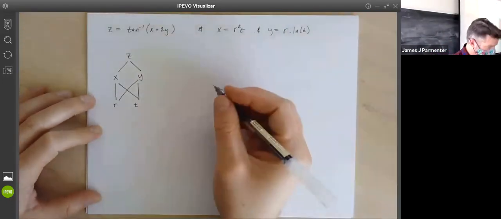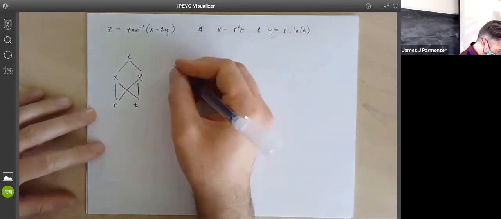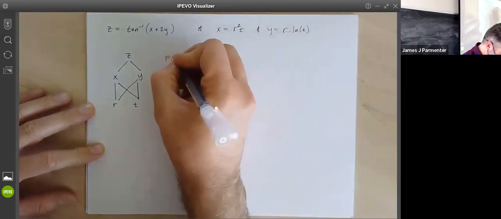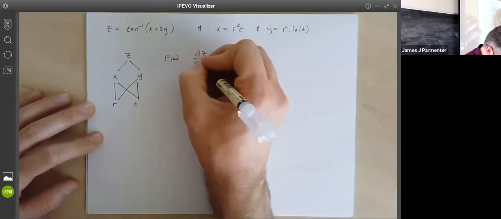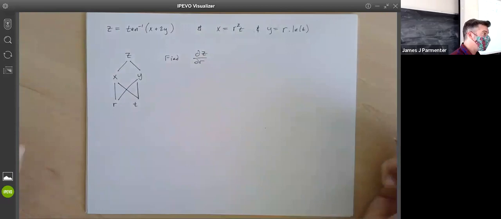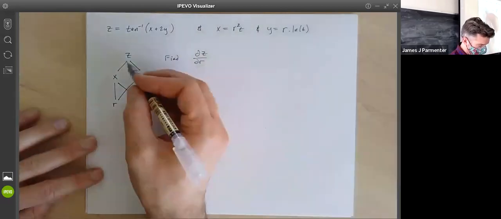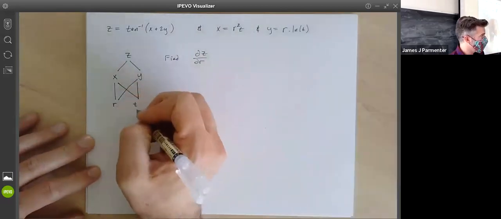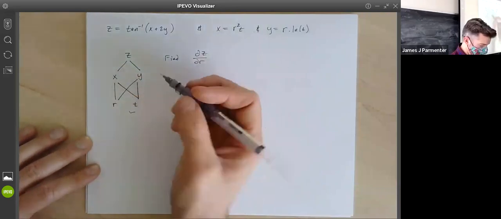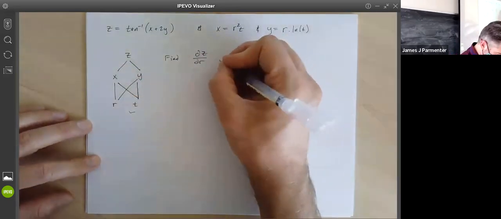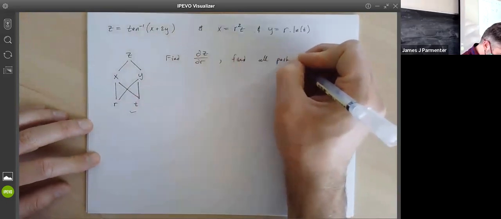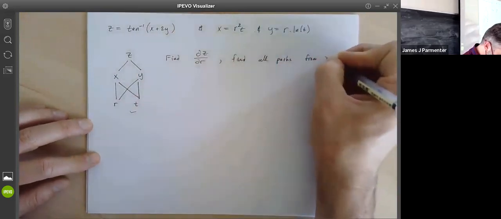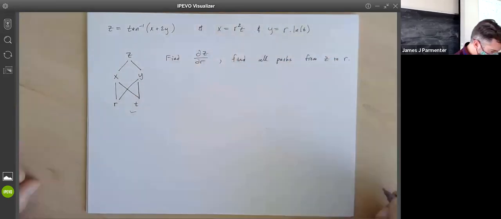And then all the paths. So to find, now listen to my language here, to find del z del r, not dz dr, because z is a function of, at the lowest level, r and t. So I'm finding the partial derivative of z with respect to r. We're just going to find all the paths from z to r.